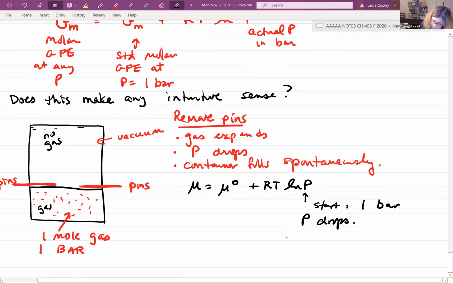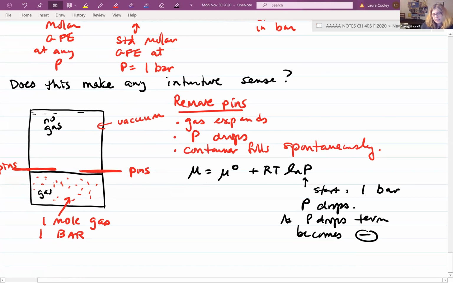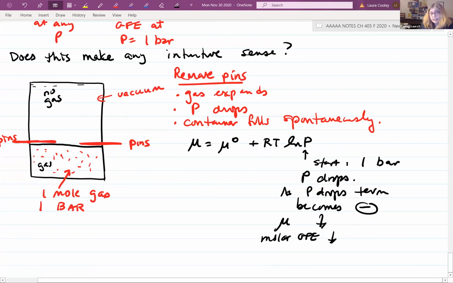So as P drops, this term becomes negative, right? And as it does, this mu, this molar Gibbs free energy, goes down, right? Because you're adding something negative. Okay, well, at least that makes sense, right?